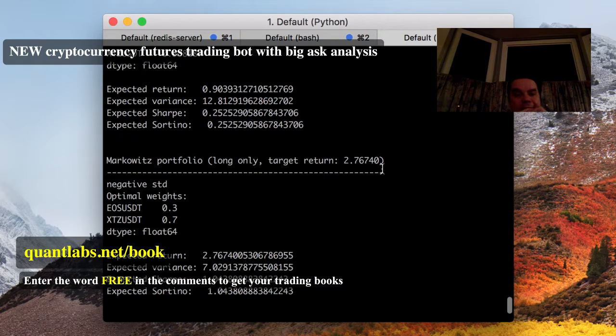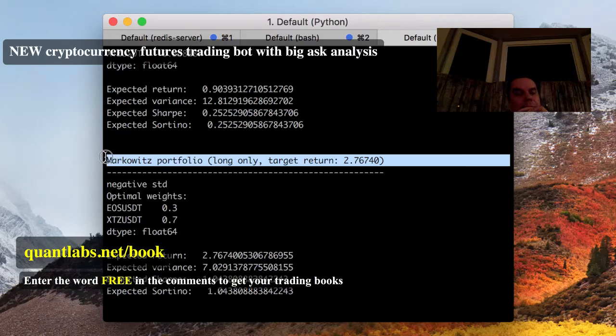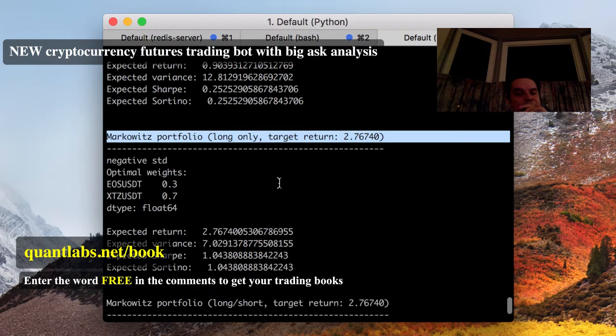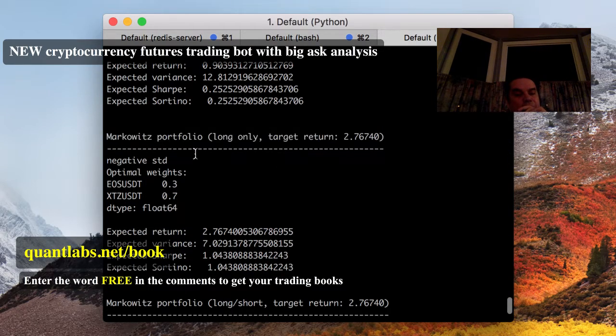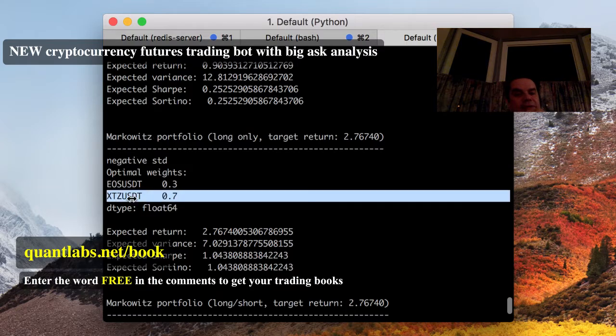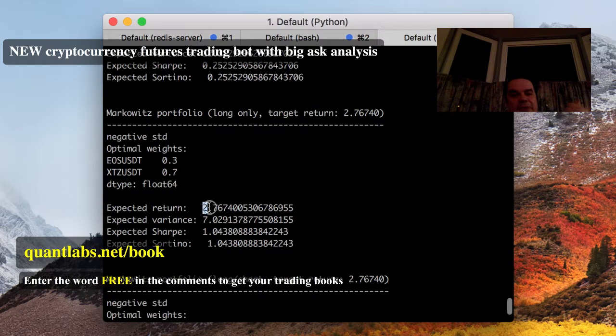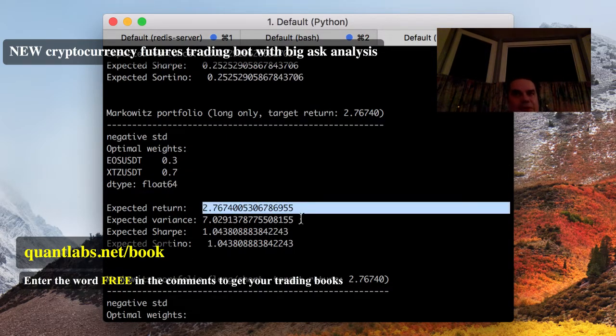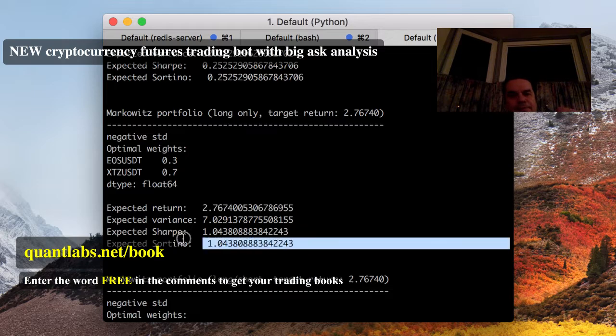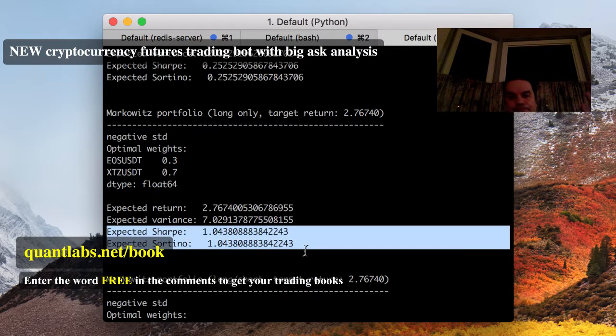But now it's saying I can get a much higher return if I do Markowitz, assigning 70% in XTZ and EOS 30%. So I can expect to get 2.76. Again, this is based upon historical performance over the last number of hours over 7 days. And then my expected Sharpe and Sortino ratios will go up.